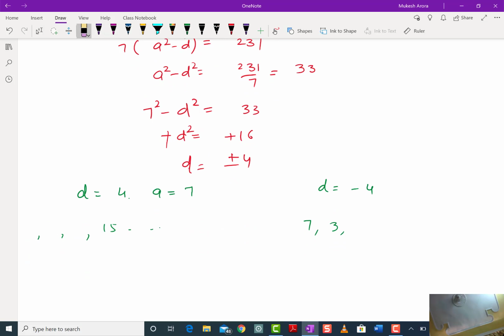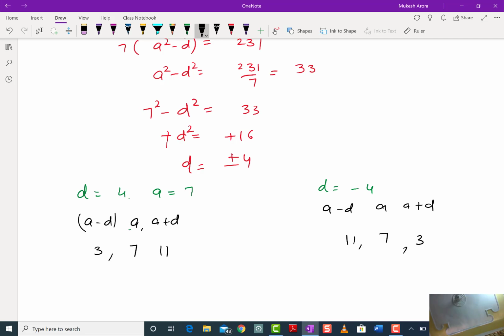So the numbers will be, because our numbers were a minus d, a, and a plus d, 3, 7 and 11. So we have to be careful.